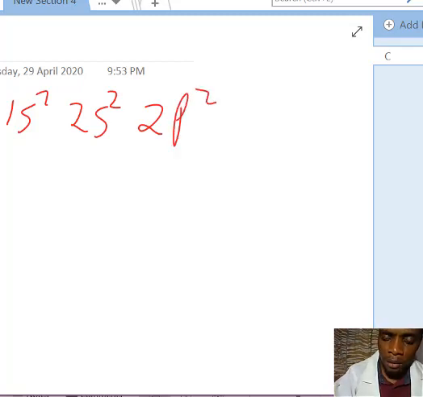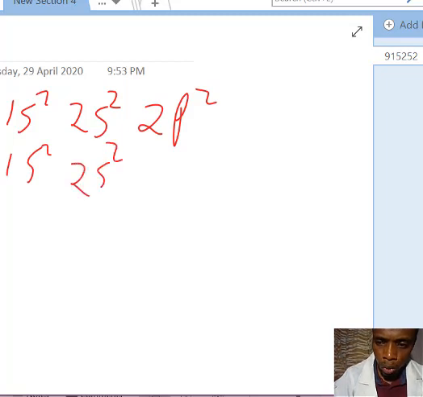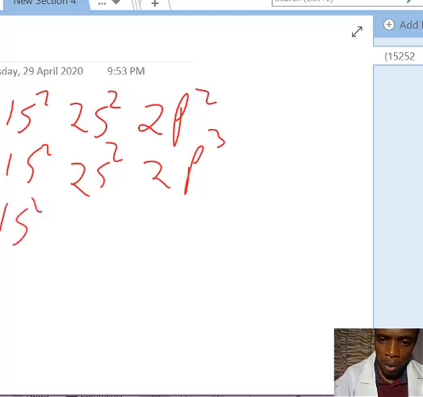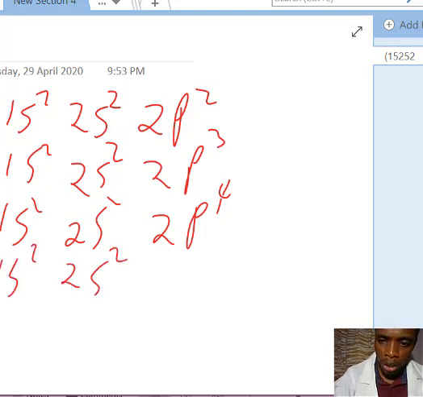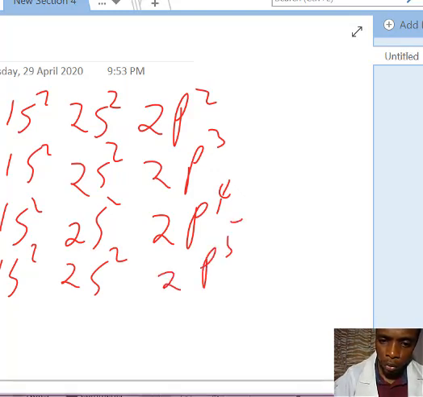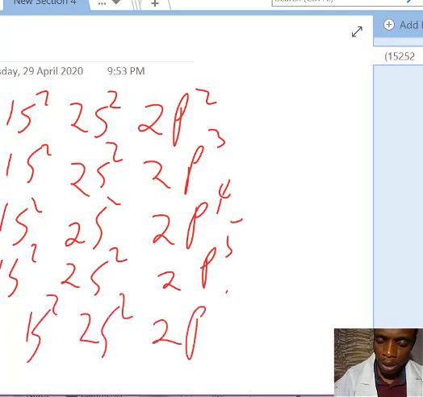After carbon, we have nitrogen, 1s2, 2s2, 2p3. After nitrogen, we have oxygen, 1s2, 2s2, 2p4. After oxygen, you have fluorine, 1s2, 2s2, 2p5. Then neon, which is number 10, 1s2, 2s2, 2p6.